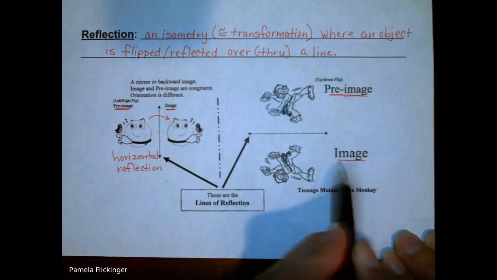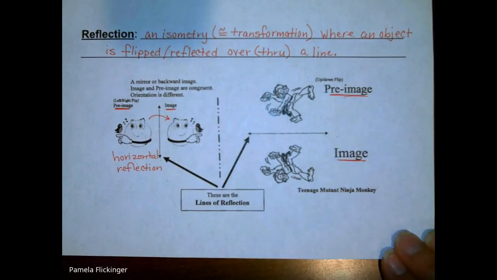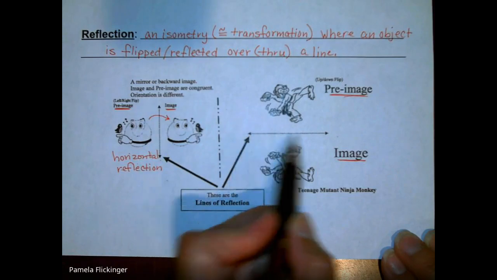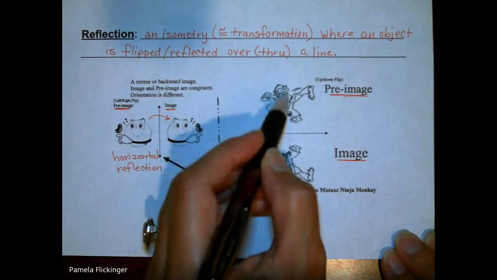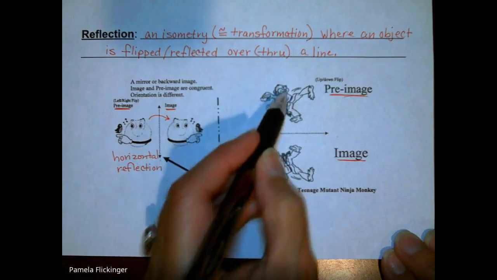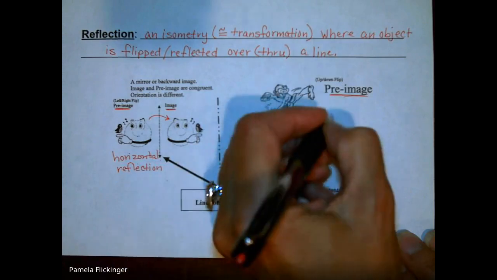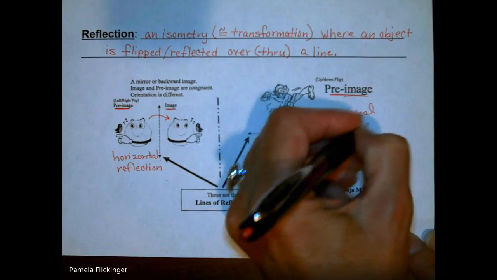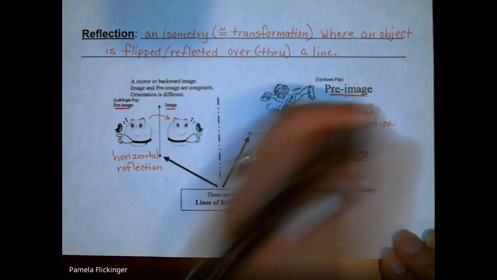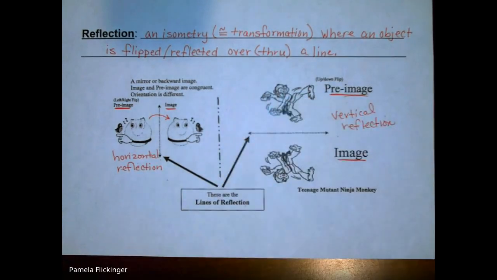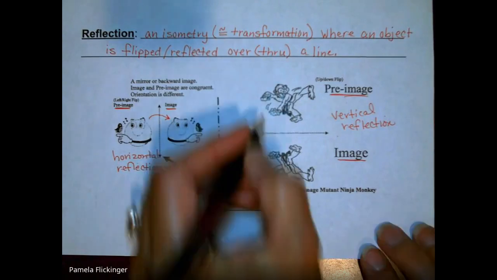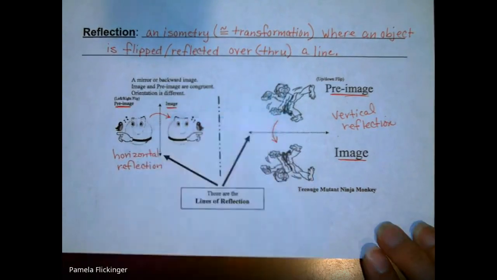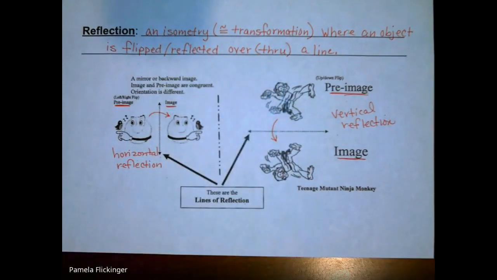And so it flips over a reflection line or line of reflection. But even though this line is horizontal, the picture is moving up and down. So this would be a vertical reflection. So again, it's not about the line that it's reflecting over, it's about the movement and in what direction it is moving. Okay?